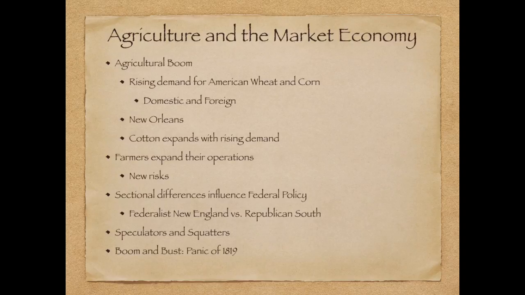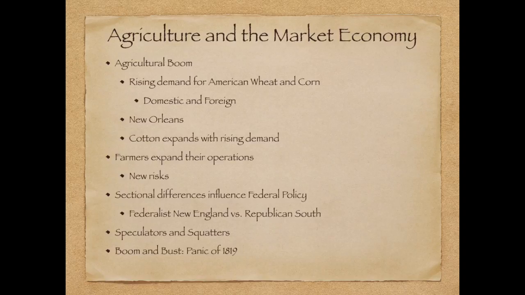When the bank ultimately demanded redemption in specie of all the state banknotes that they held, the state banks had to force farmers and land speculators to repay all of the loans that they had borrowed. The result was a cascade of economic catastrophe.